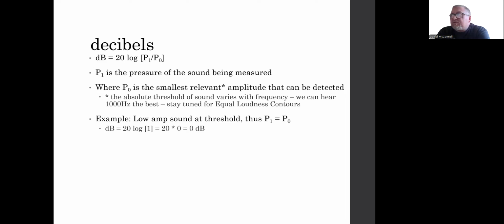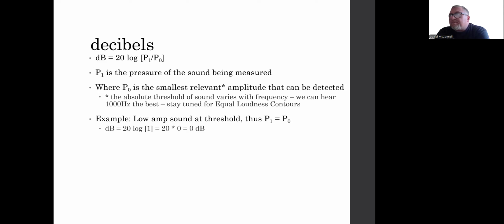And so P0 is essentially a reference tone, right? At that particular frequency, what is the absolute threshold? The ratio of P1 to P0 tells me how much louder the measured sound is relative to the intensity of the absolute threshold.